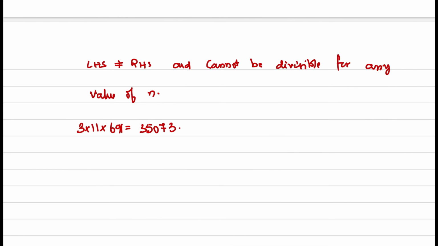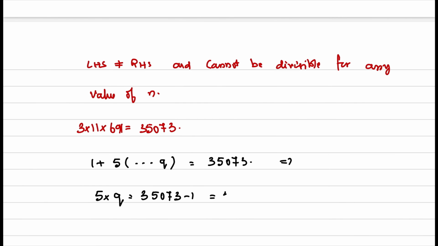Then 1 plus 5 into some value of q is equal to 35073. That implies 5 into some q value is equal to 35073 minus 1, that is equal to 35072.